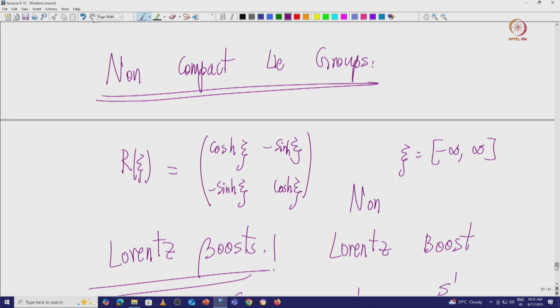So this is the second point: boosts form a non-compact group. This is a major thing.